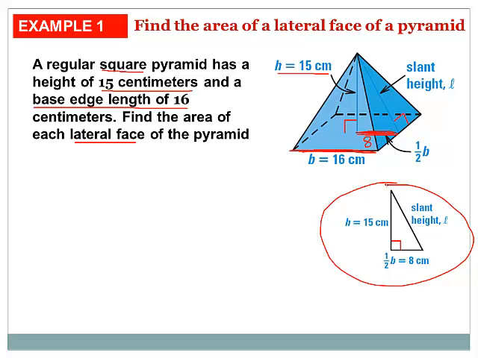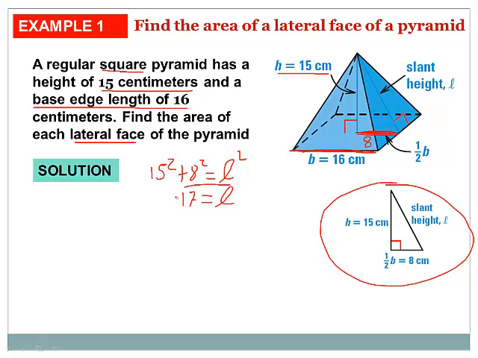It's asking for the area, so you have to find the slant height. We'd use the Pythagorean theorem: 15 squared plus 8 squared gives you your slant height squared. If you solve, you should get 17 as your slant height.